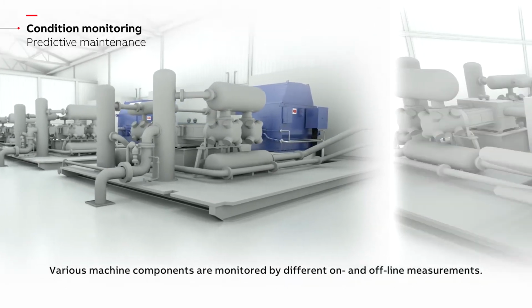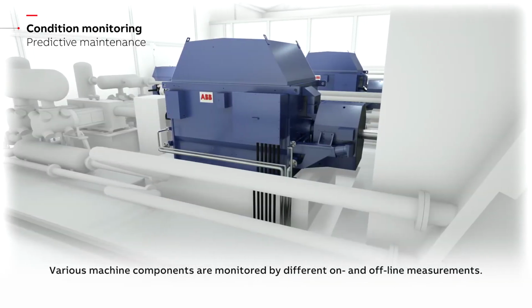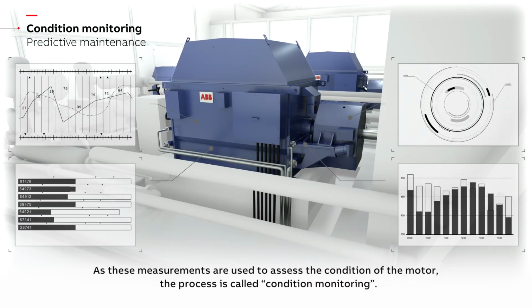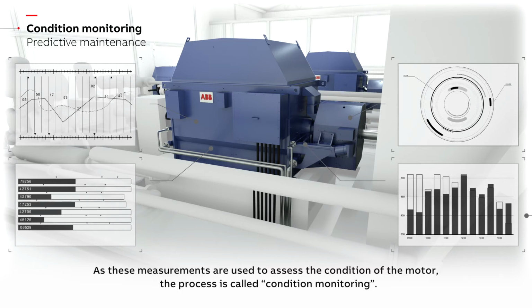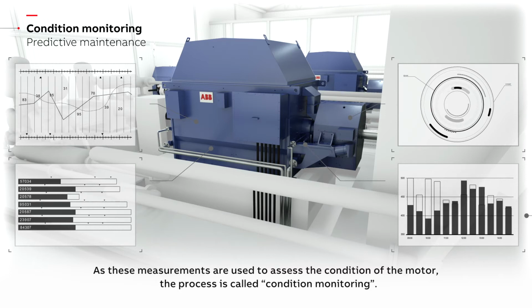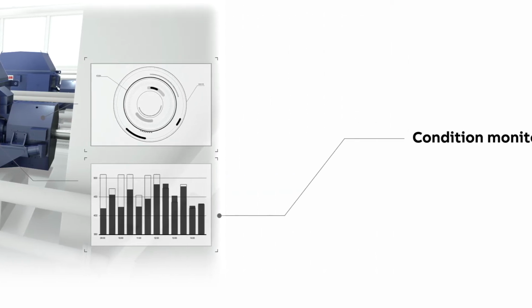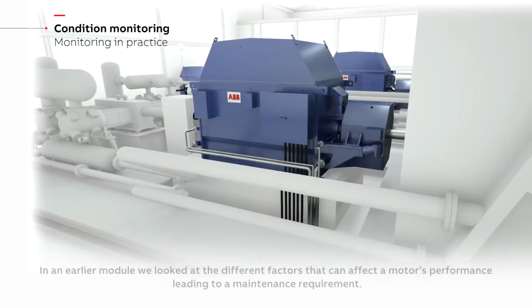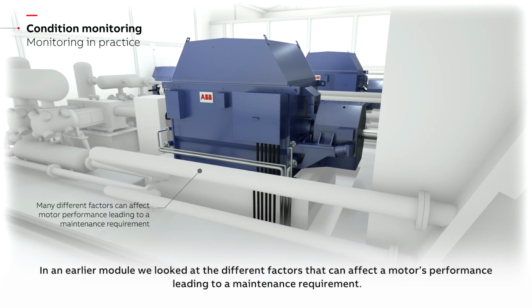Various machine components are monitored by different on- and offline measurements. As these measurements are used to assess the condition of the motor, the process is called condition monitoring. In an earlier module, we looked at the different factors that can affect a motor's performance, leading to a maintenance requirement.